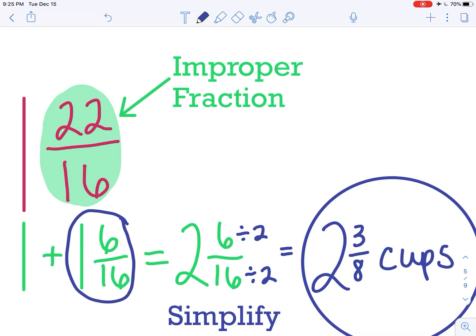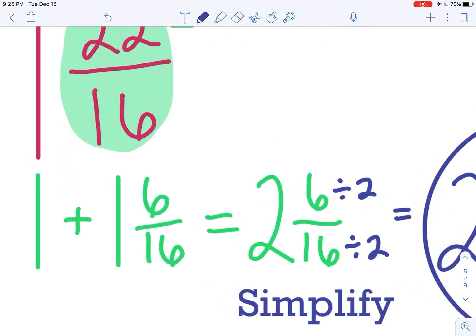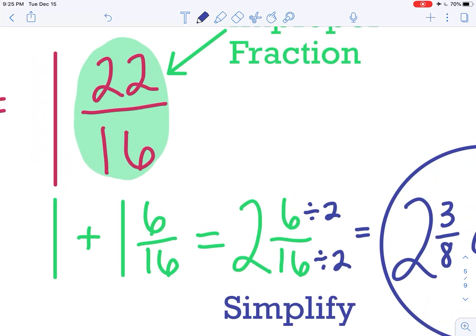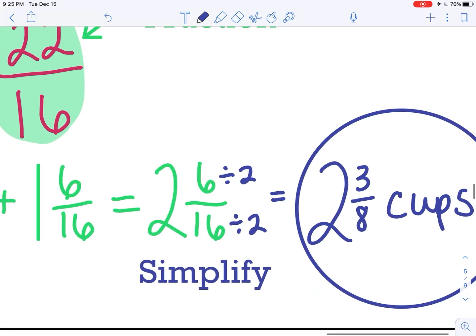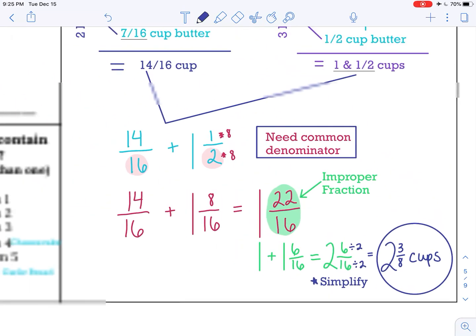So 1 and 6/16. Since there was already 1 whole, now I have 2 wholes and 6/16. Because they're both even, I can divide by 2 and simplify here. You can see that reminder right down here. And that gives me an answer of 2 and 3/8 cups of butter.